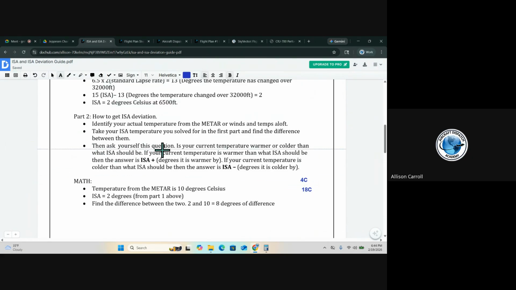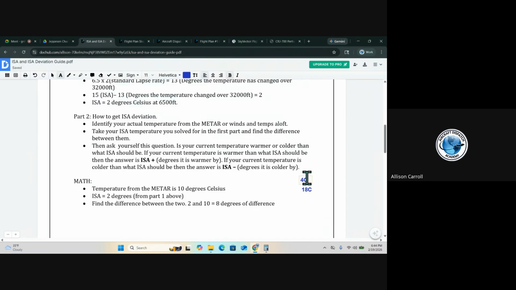Now ask yourself this question: is your current temperature, 18 degrees Celsius, warmer or colder than what ISA should be of 4 degrees Celsius? If your current temperature is warmer than what ISA should be, then the answer is ISA plus. If your current temperature is colder than what ISA should be, then the answer is ISA minus. So in this example, ISA should be 4 degrees Celsius, but our current temperature is 18 degrees Celsius.